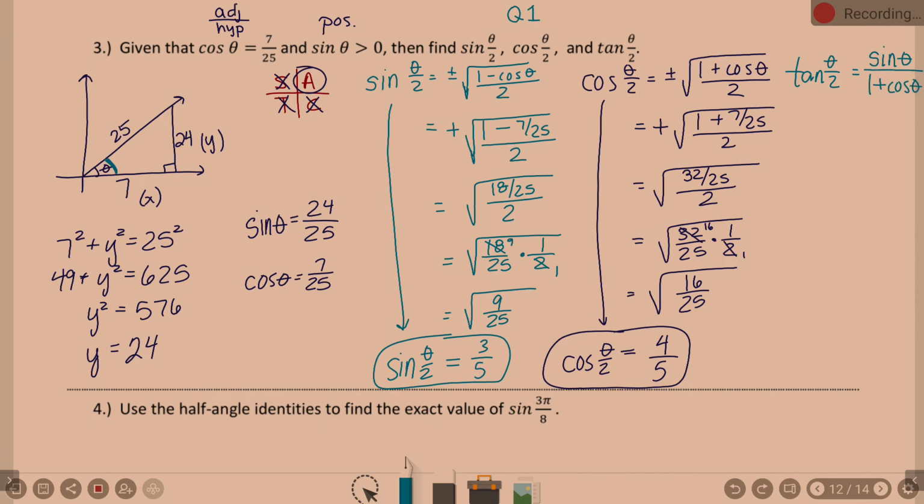This identity has a different look than the other two, but it's not any different, any harder to work. Okay, sine is 24 over 25 over 1 plus cosine, which is 7/25.